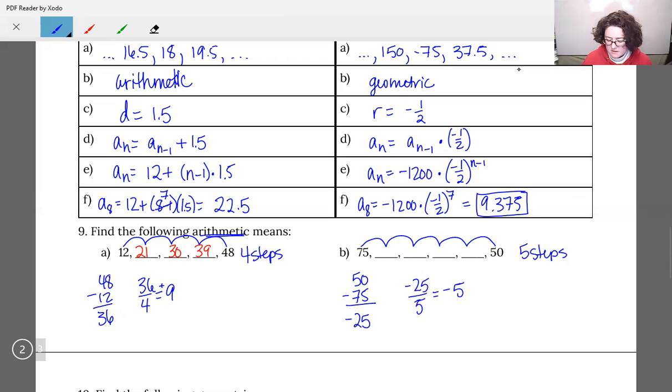So let's think about that. That means that I'm subtracting 5 at each step, which makes sense. If you start at 75 going down to 50, you've got to subtract at each step. So we're going minus 5 at each stage. So 70, 65, 60, 55, and 55 minus 5 gets us to that last 50.